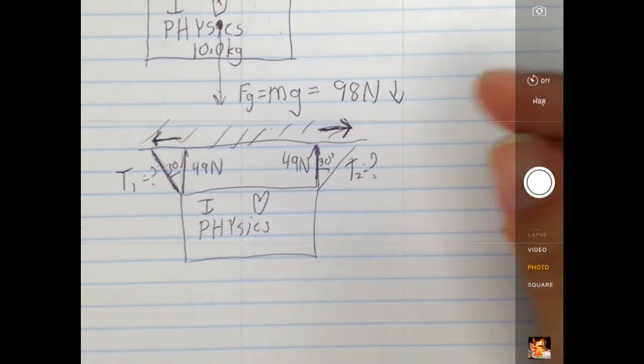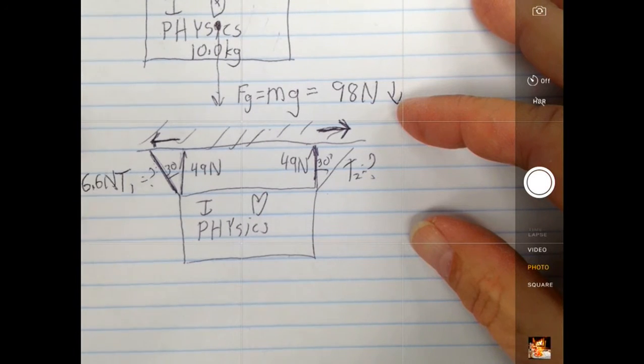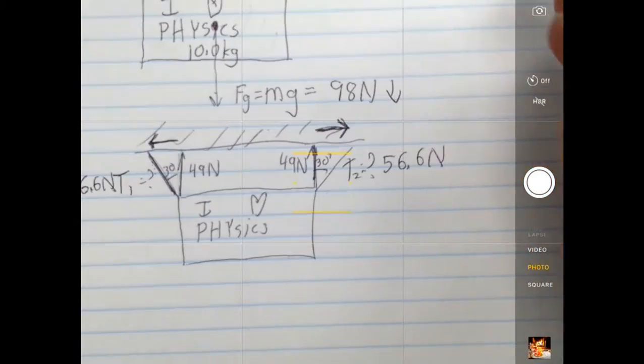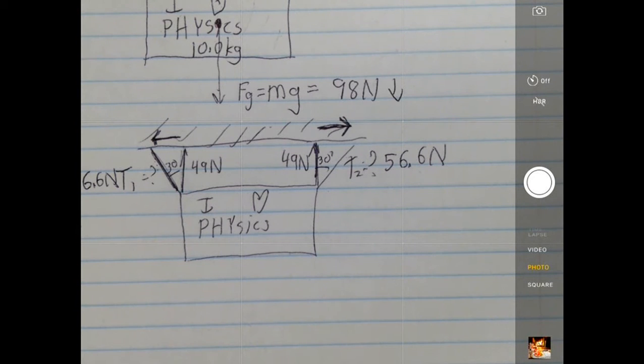The tension has gone up, 56.6 newtons. And by symmetry in this problem, both ropes are now at 56.6 newtons.